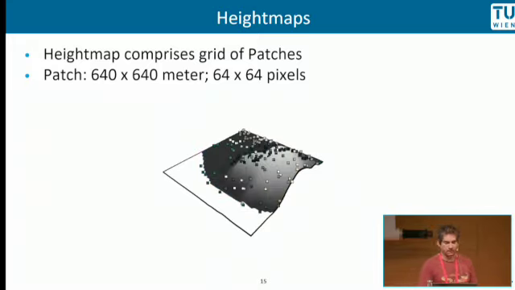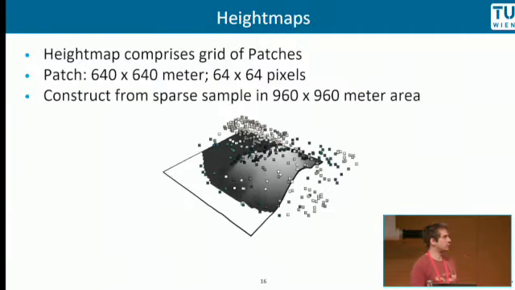We take the chunk points for the patch, but not only the chunk points on the patch itself. We need to take care of the boundaries so that adjacent height maps fit together. So we take all the chunk points in a region of 960 by 960 meters.